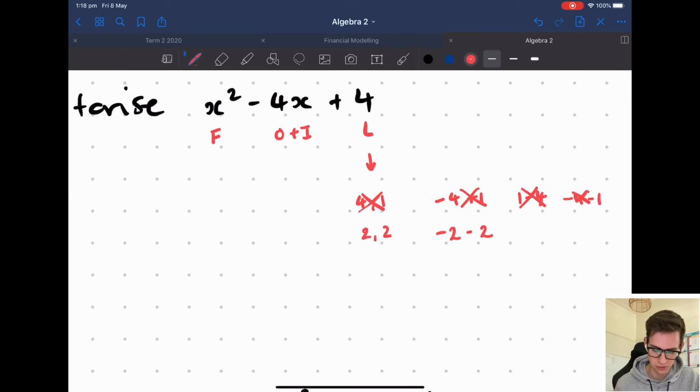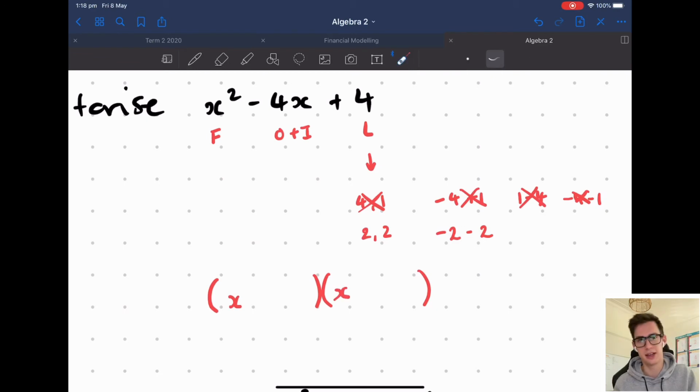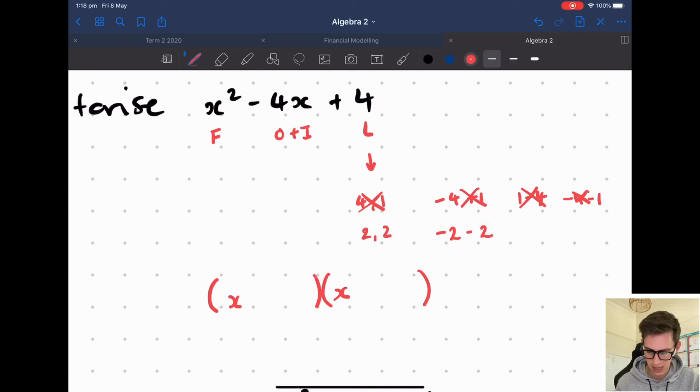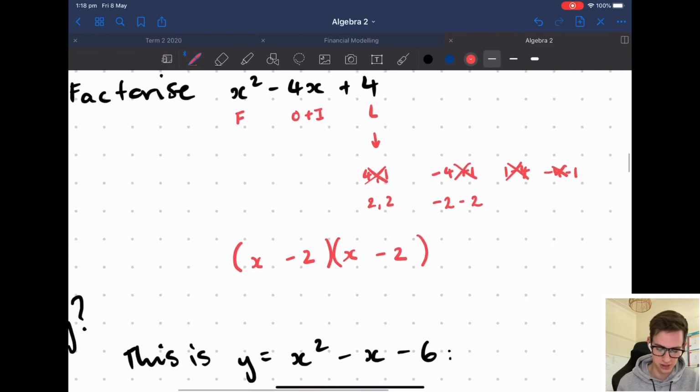Okay, so now when we finally write our answer, all we have to do, it's x and x, because x times x gets me x squared. And then I'm going to say my numbers that are going in here and here happen to be -2 and -2. And if you want to double check that for this one, again, we'll do an extra step that we don't need to do.